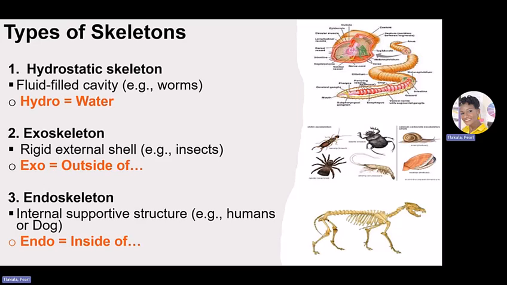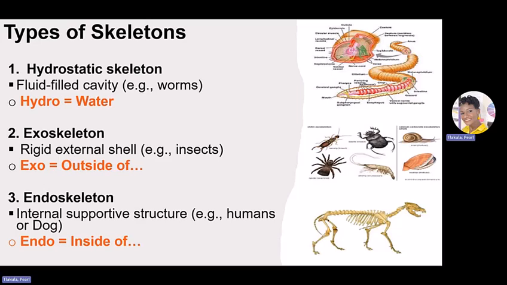The third type of skeleton is the endoskeleton. It supports the internal structures, such as the skeleton of a dog or a human being. Remember, whenever you hear the word endo, it means inside. Let's do the recap. We have how many types of skeletons? 3. We have the hydrostatic skeleton, which is a fluid-filled cavity, for example a worm.